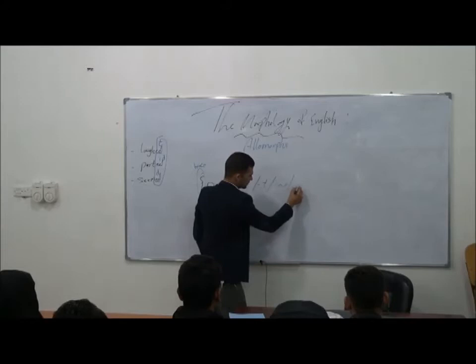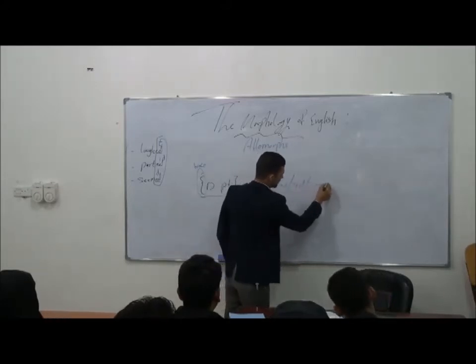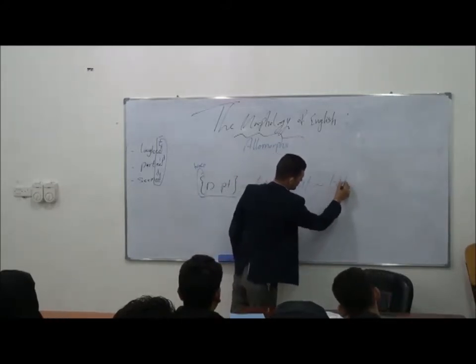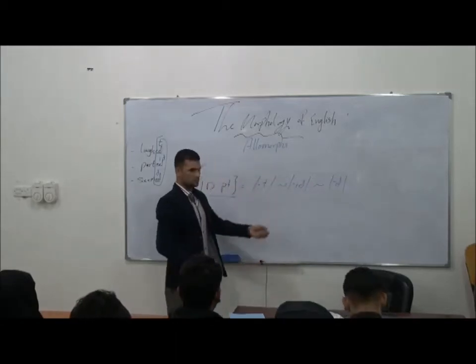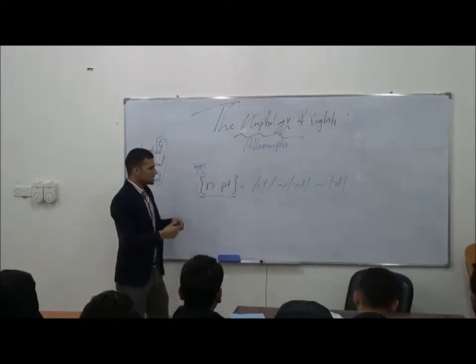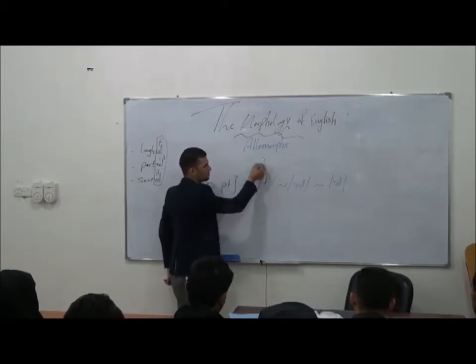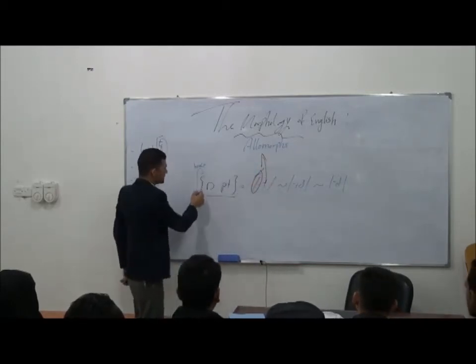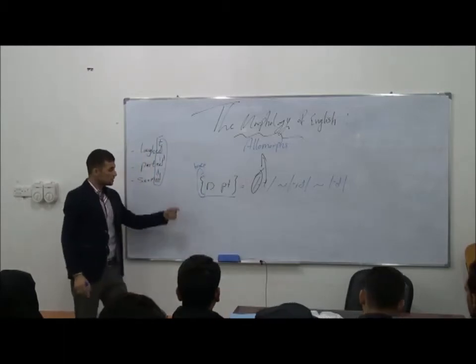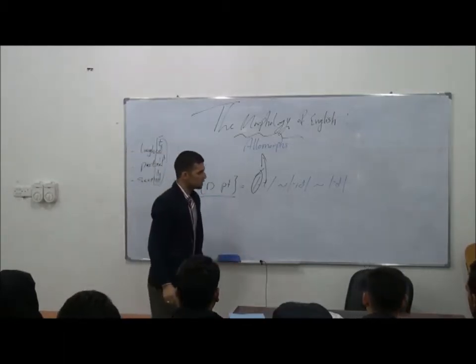D. These are called allomorphs. Okay. These slants, this is called the slants. The slants refer to the allomorph, and the braces refer to the morpheme. So this morpheme has 3 major allomorphs.